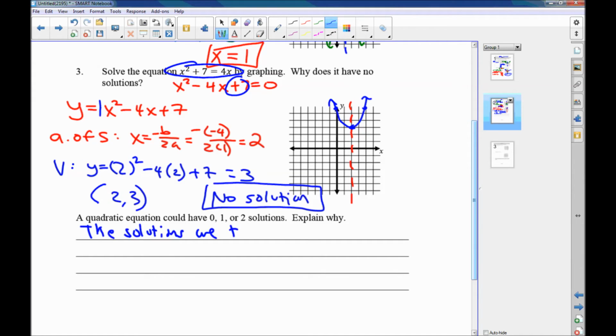The solutions are the x-intercepts of the graph of the corresponding parabola.